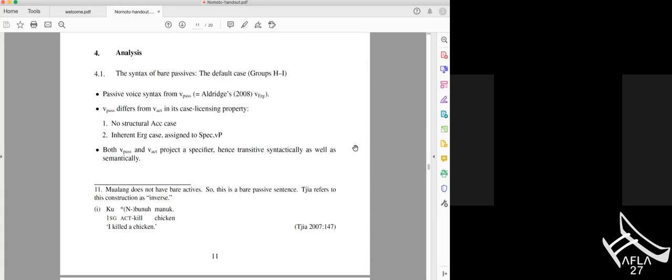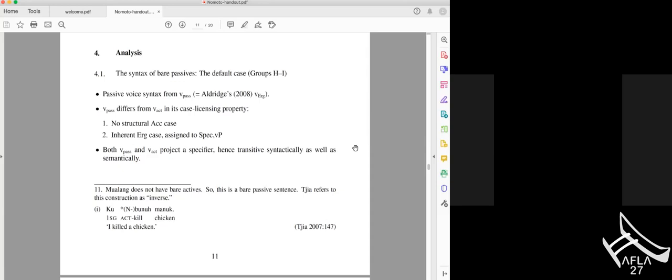Passive v differs from active v in its case licensing property: no structural accusative case, but it has inherent ergative case, which is assigned to the specifier of VP. Both passive and active v project a specifier, so both are transitive syntactically as well as semantically. So the licensing of the agent is done as in 22.